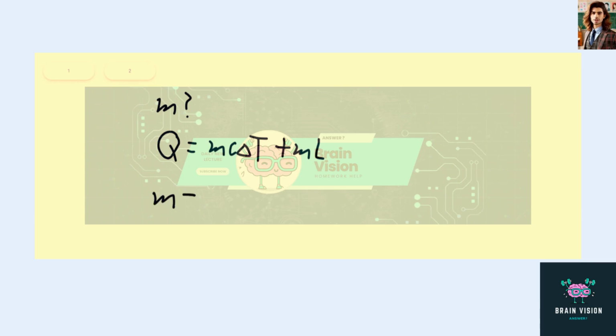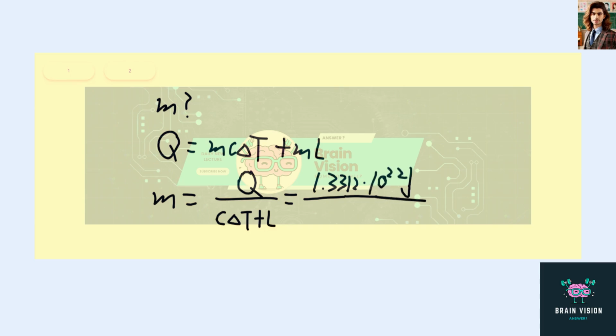So we get m, which is simply equal to Q over c delta T plus L. So Q, we already know, which is 1.3312 times 10 to the power of 22 joule.